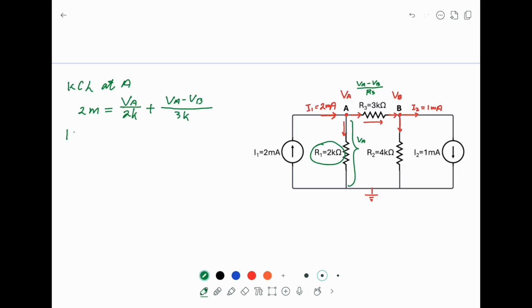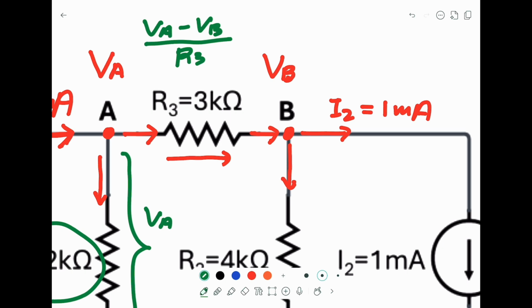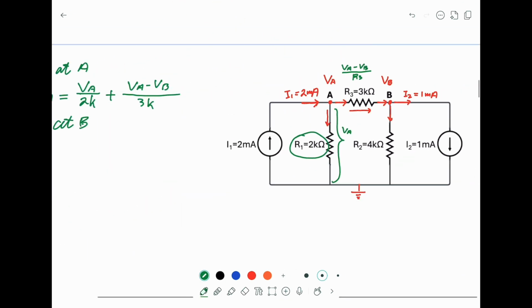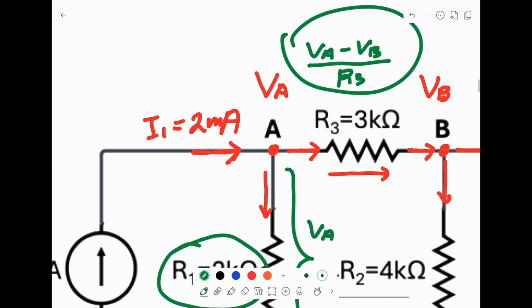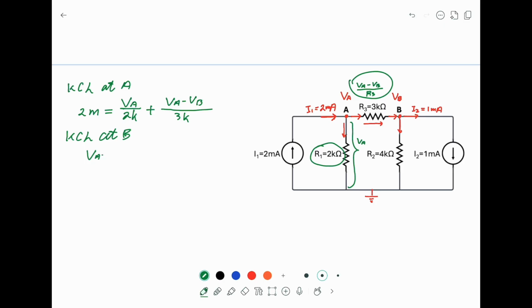Next, let's look at KCL at B. There is 1 in, 2 out. The 1 in is this one, the current flowing into node B. We have (VA minus VB) divided by 3K, the current flowing into node B, equal to the current flowing out.